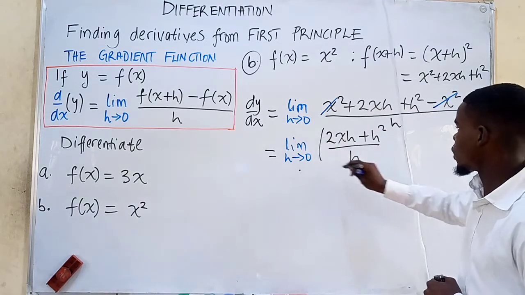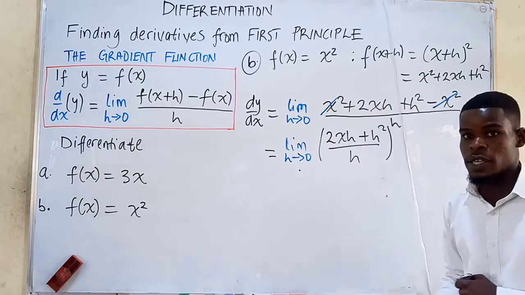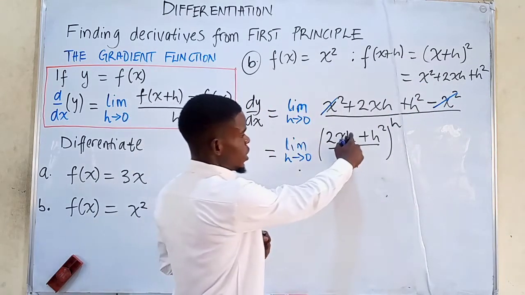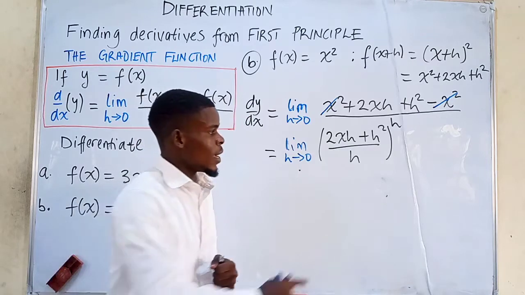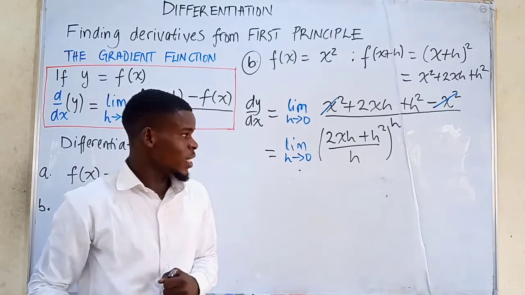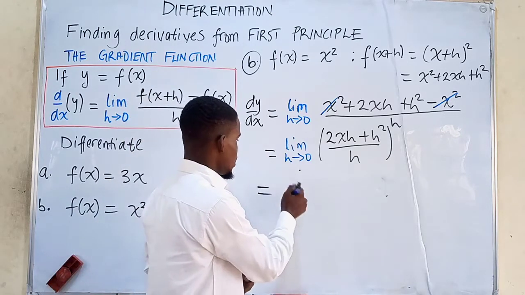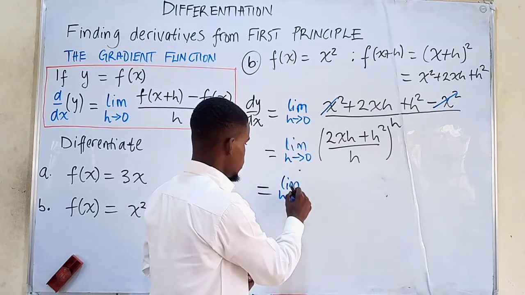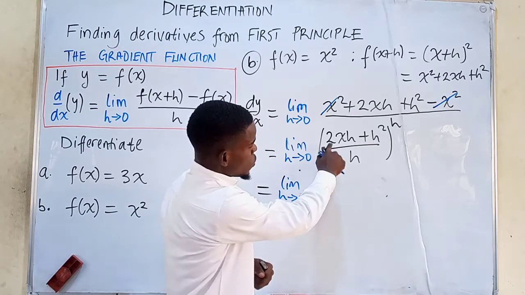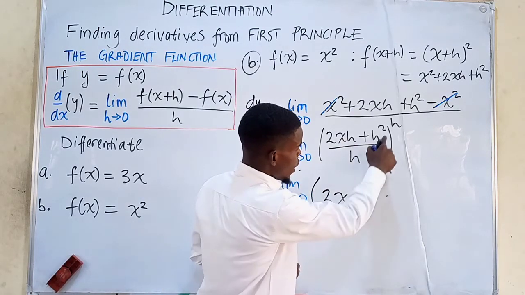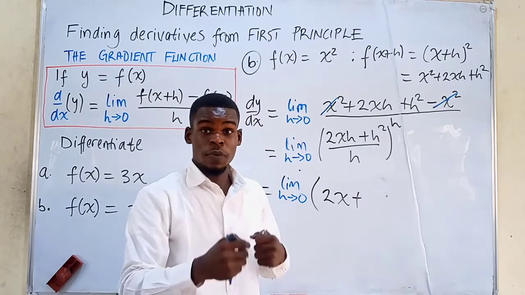Good. So we want to take the limit of this as h tends to 0. Well, look at that. We have h in the two terms in the numerator, and we have h in the denominator. We can factorize h from the numerator, and that will cancel out with the h in the denominator. So we end up with the limit as h goes to 0 of 2xh divided by h, that will just be 2x, plus h squared divided by h, that is going to be a single h.